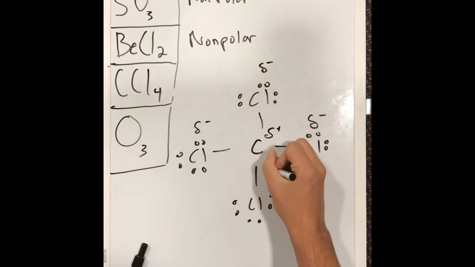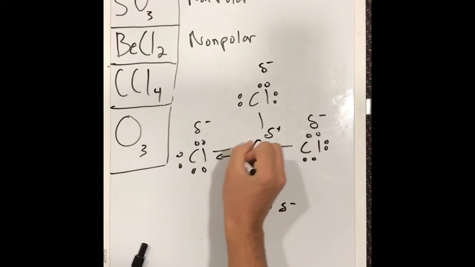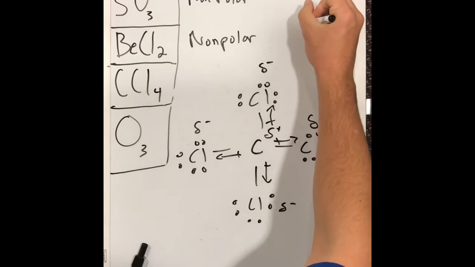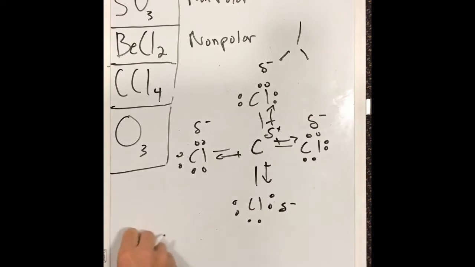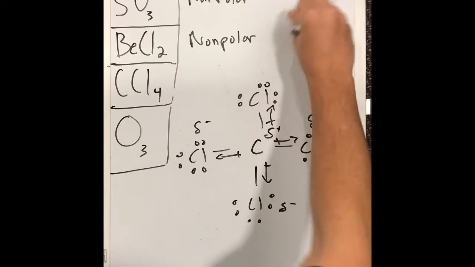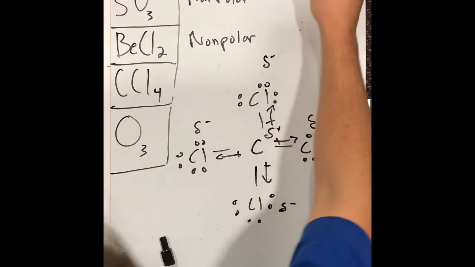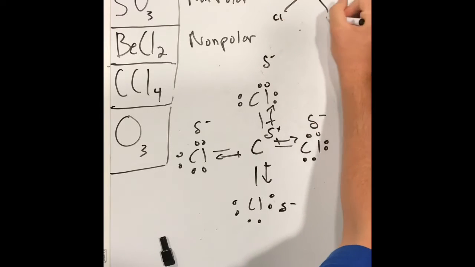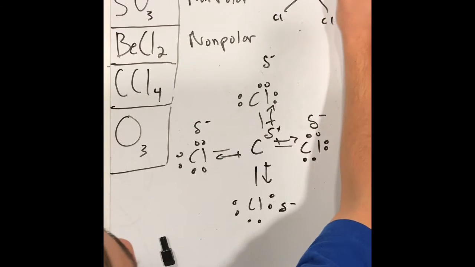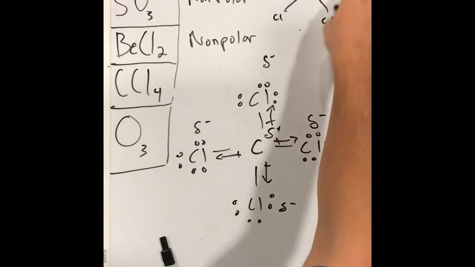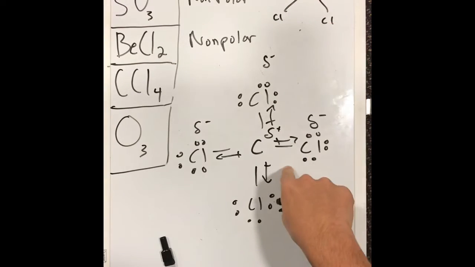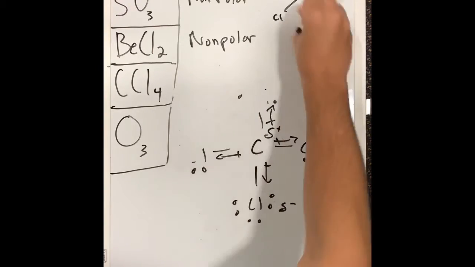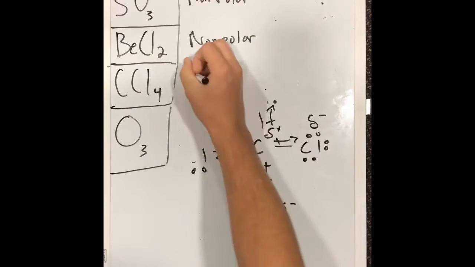Now, all these bond dipoles are going towards Cl's, and since this is tetrahedral, it'll look something like this. And since all of these domains are the same, the dipoles will cancel for a net molecular dipole of 0. And that will, in fact, be nonpolar.